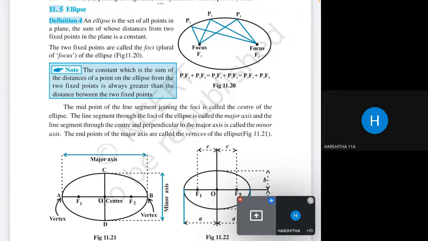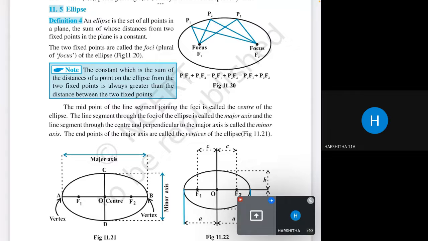The line segment passing through the foci of an ellipse is called the major axis. Here you have a major axis and a minor axis. In case of the parabola, only one axis will be there, and the directrix will be perpendicular to the axis.